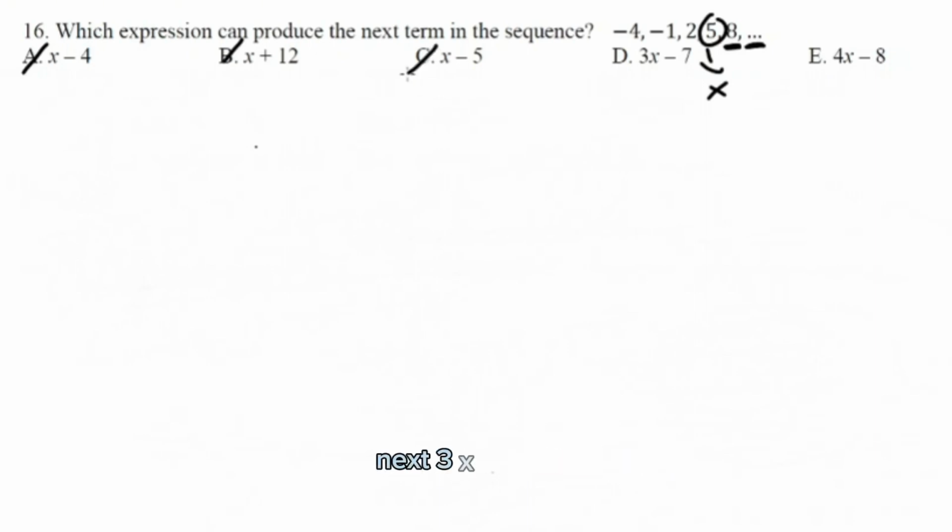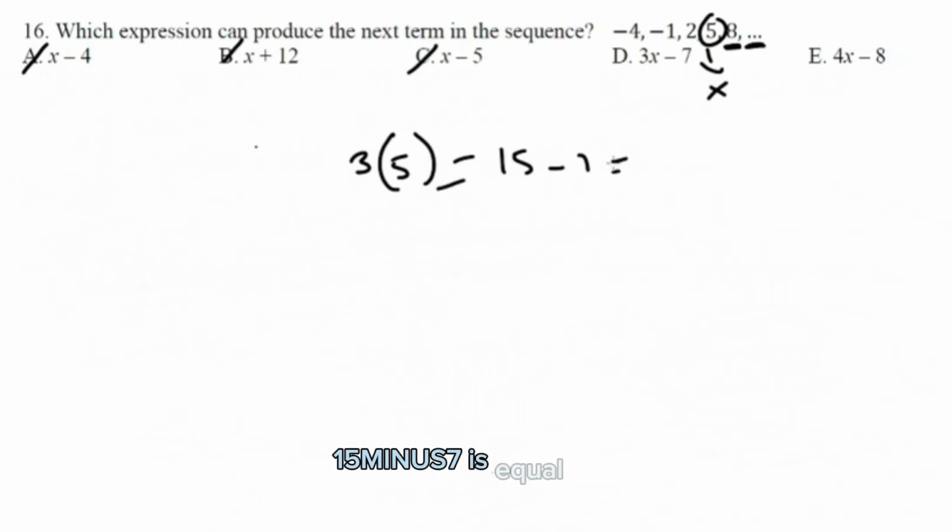Next, 3x minus 7. Alright, so 3 times 5 is equal to 15. 15 minus 7 is equal to 8. So that is the correct answer. Because when you plug in 5 for the value of x, you get 8, which is the next term. So that's your answer.